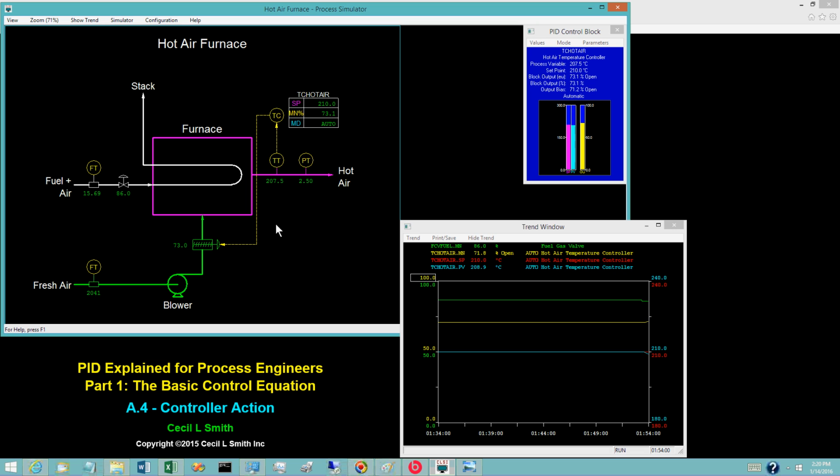The fresh air damper is quickly driven fully open, and the hot air temperature drops. On reducing the fuel flow, the controller needs to decrease the opening of the fresh air damper. Instead, the incorrect controller action causes it to increase the damper opening.